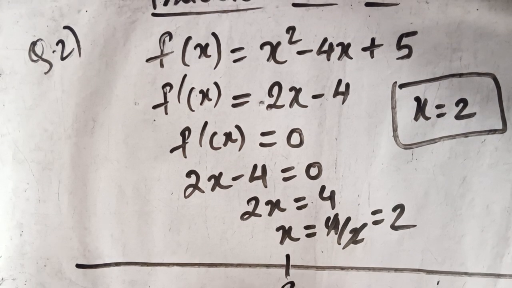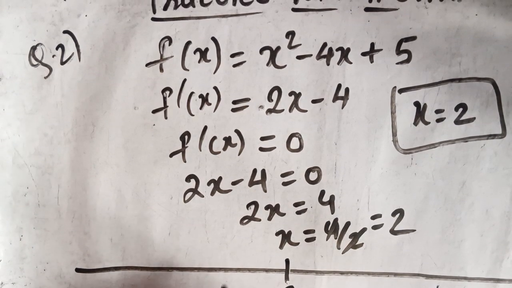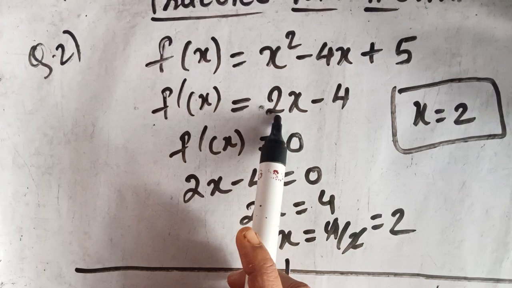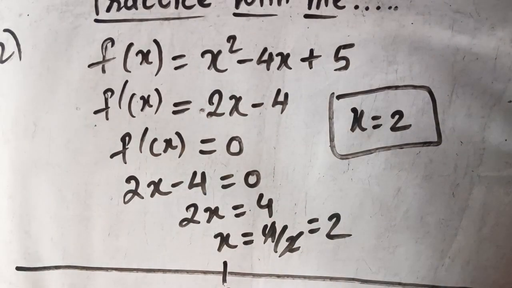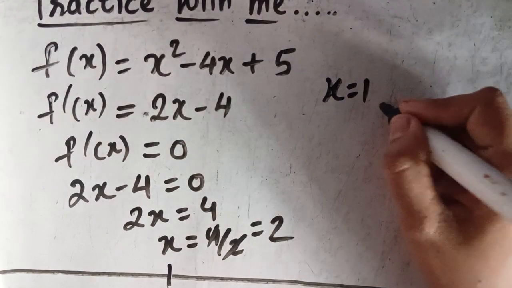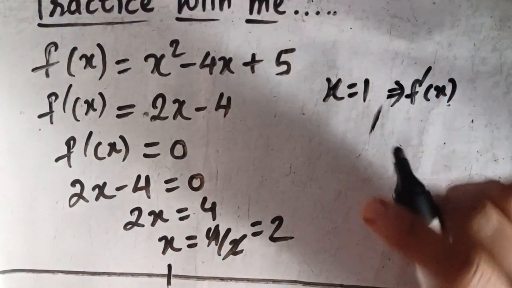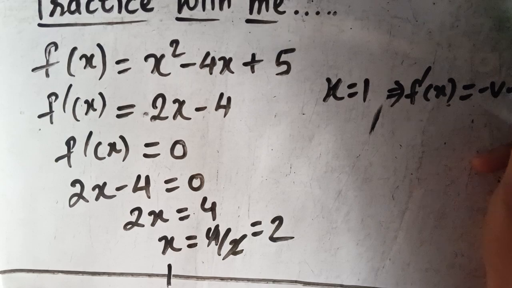If I take a number less than 2, suppose x equal to 1, and put it in f dash of x, it is negative.